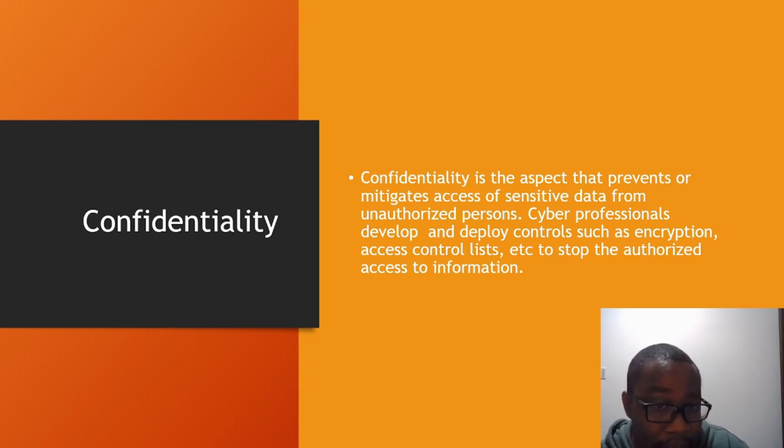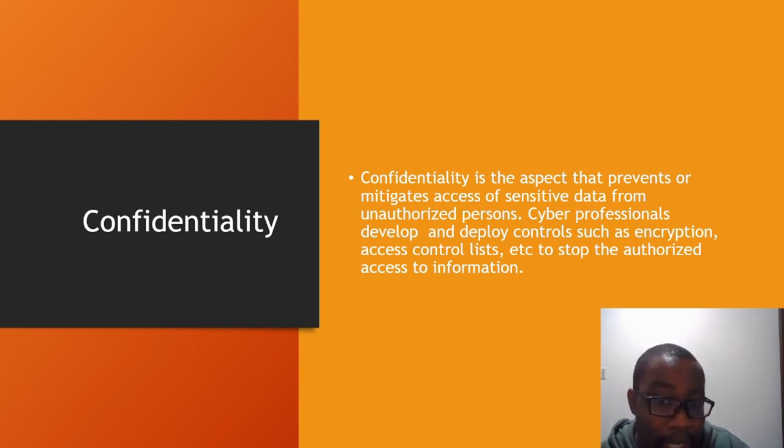Unless they have the decryption key, because encryption is pretty much, in layman's terms, the jumbling up of data. It jumbles up data into this kind of human unreadable text. So you can't easily look at it and know what it is.